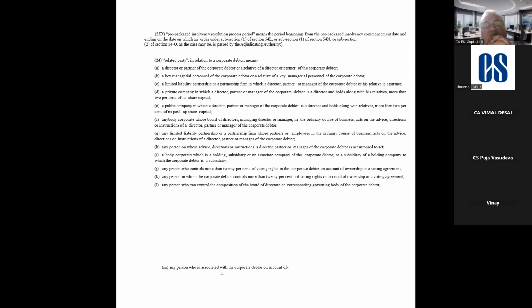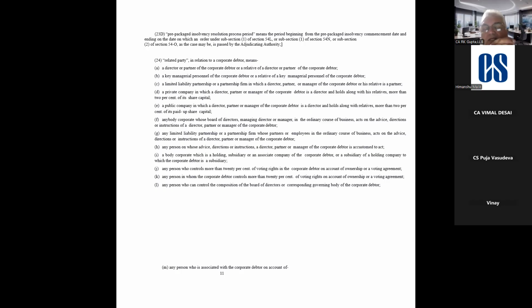So there is a concept of look-back period, that is, what transactions they have entered into with a related party, say during the past 2 years. So that is one of the aspects. Another important thing is whether during CIRP they can enter into transactions with related parties. There is no bar, but approval of the committee of creditors has to be taken for transactions with related parties.